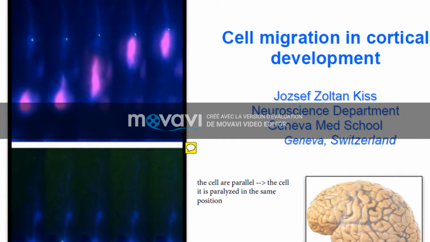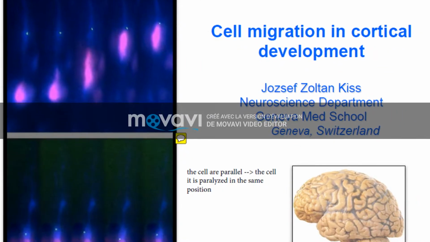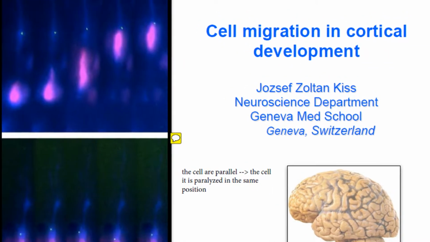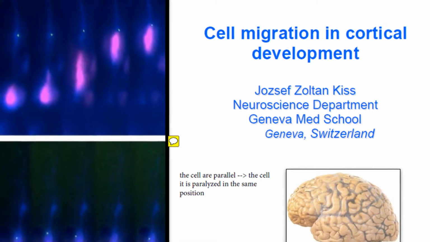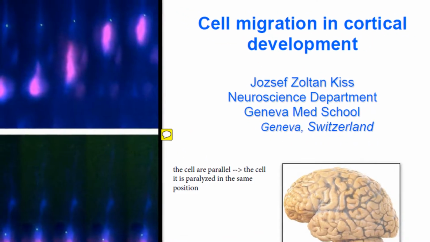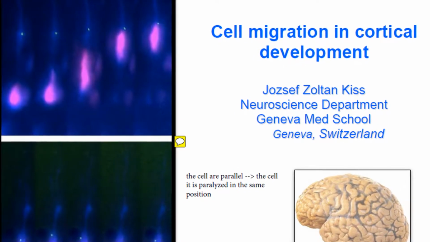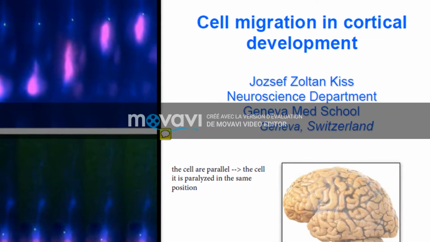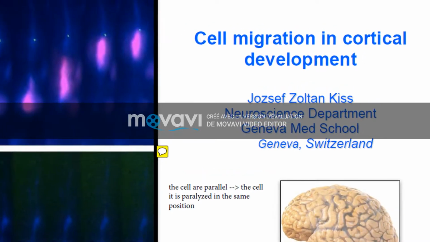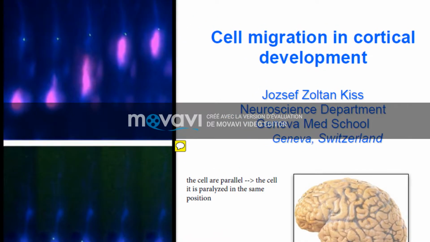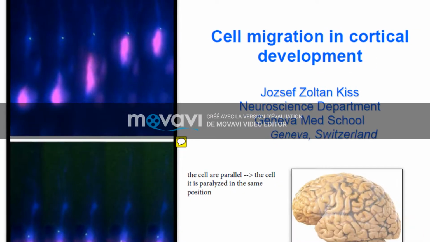And what is interesting is that this is a stem cell, but during this proliferation, this stem cell is continuously changing. It means that at the beginning of the neurogenesis, they are able to produce layer 6 cells, but 1 month later, the same cell cannot anymore produce layer 6, but layer 4, or layer 3, or 2. So there is a progression. Radial glia is changing all the time.